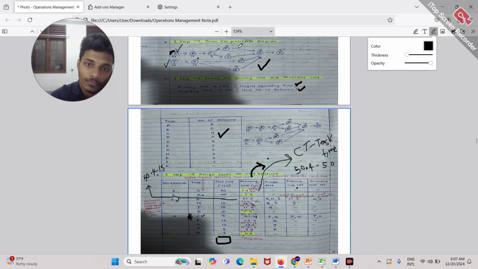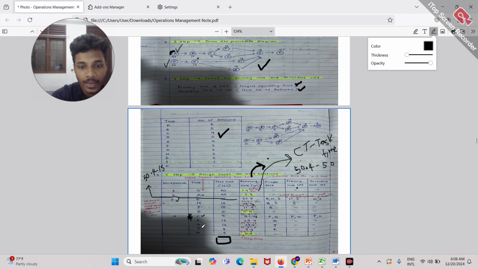Because when we consider this primary rule, longest operating time is the same for F and G, and the secondary rule, most number of followers, is the same for J and K too, right? Therefore you can pick anyone. If F or G, you can allocate, it's no problem, right?